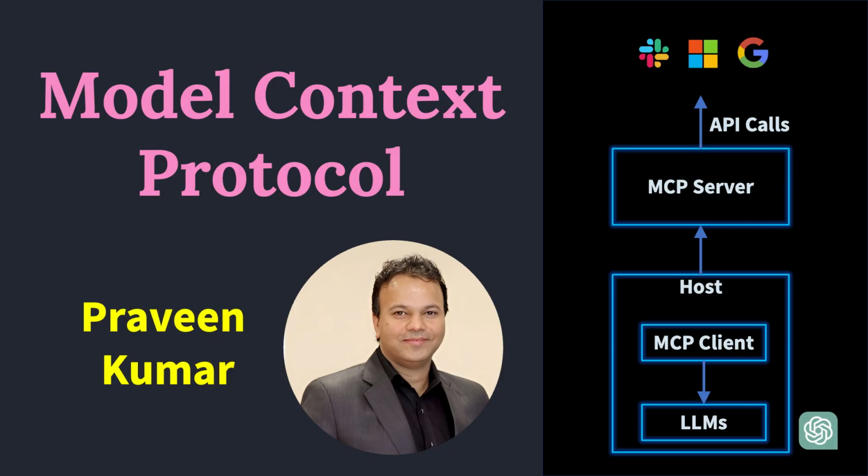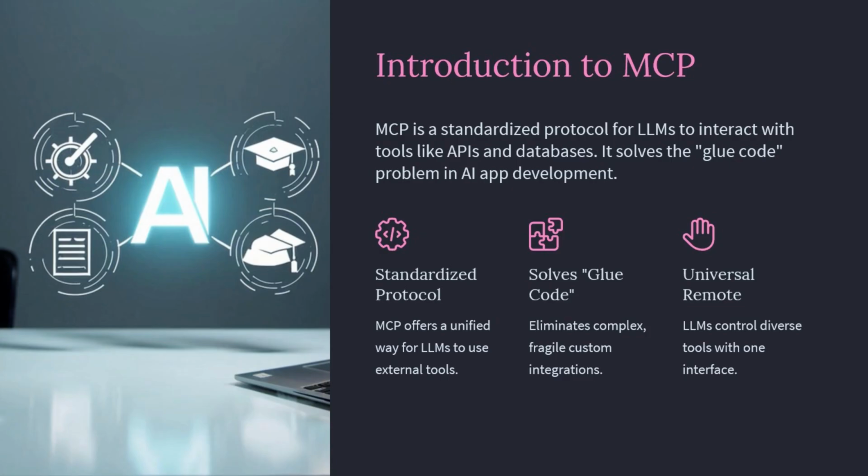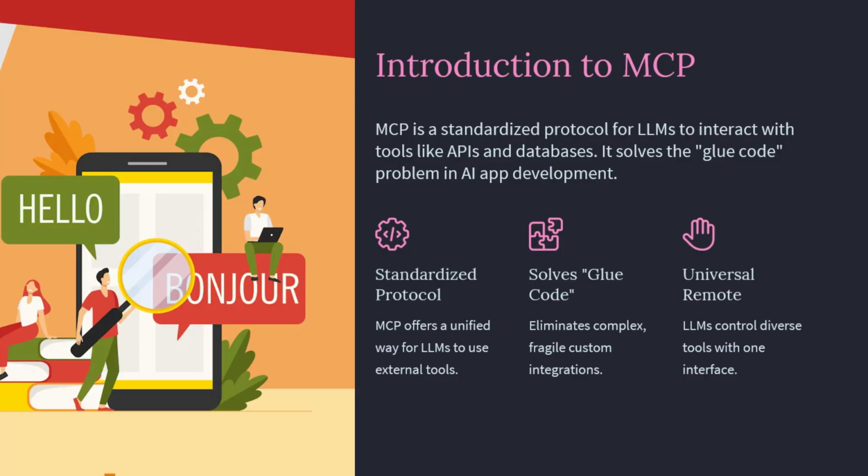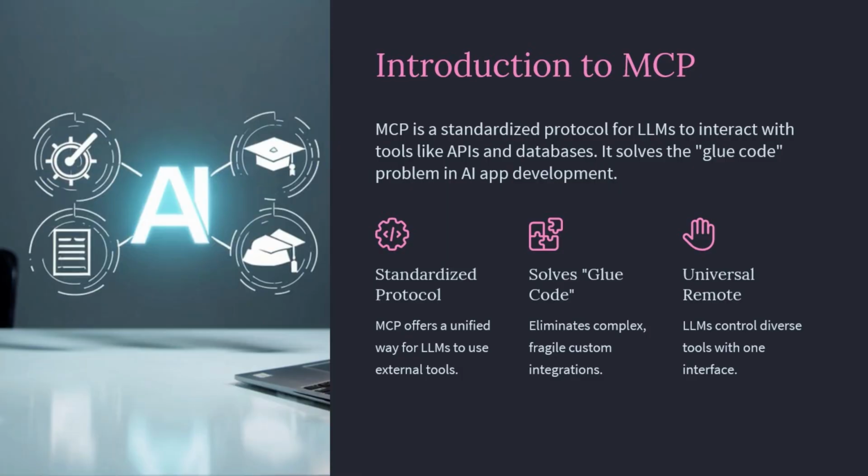So let's get started. Now that we've set the stage, let's take a closer look at what the Model Context Protocol, or MCP, actually does. Imagine MCP as a universal translator for AI. It's a standardized way for large language models to communicate with tools like APIs and databases, making their interaction smooth and hassle-free.